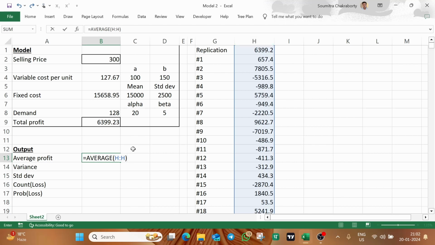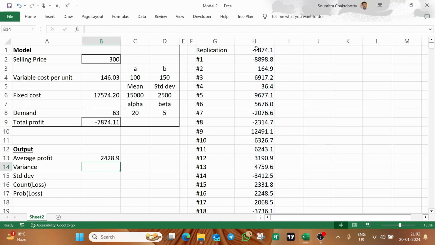If you enter H, then instead of having 1 to 1000 replications, you are also including the first heading, which is a little abnormal. But since 1000 replications are getting averaged, just the addition of one more value does not change anything. So keep it as it is.